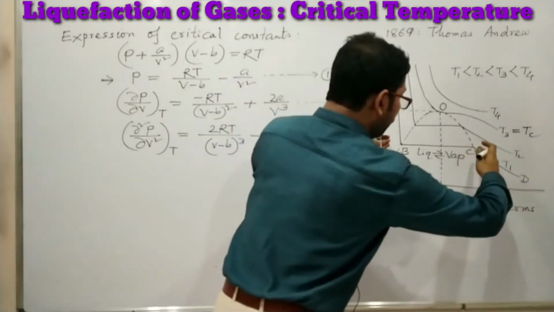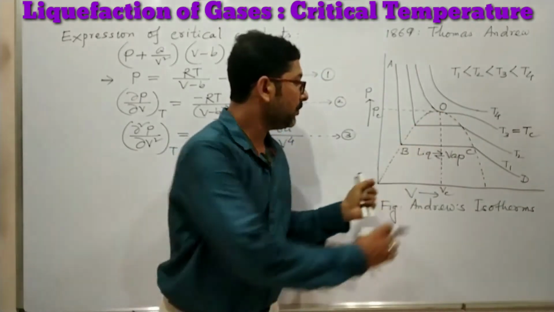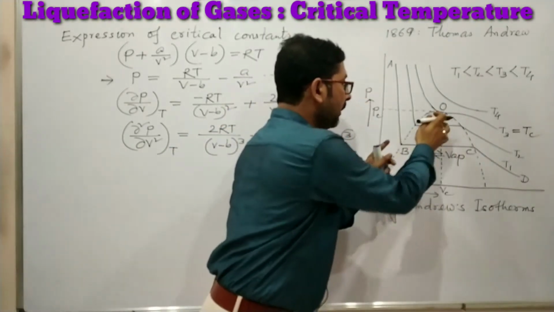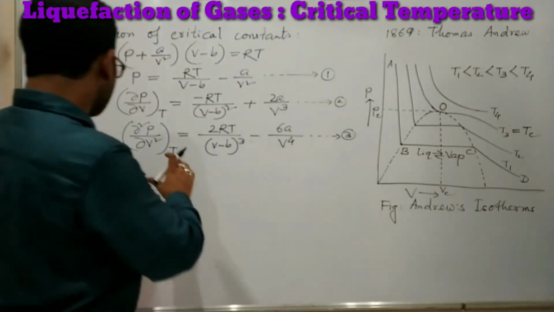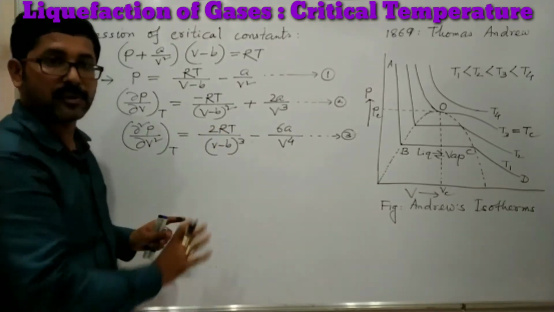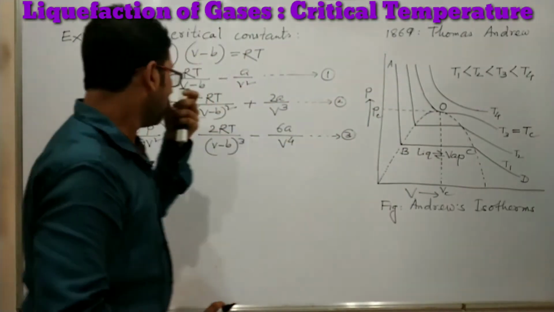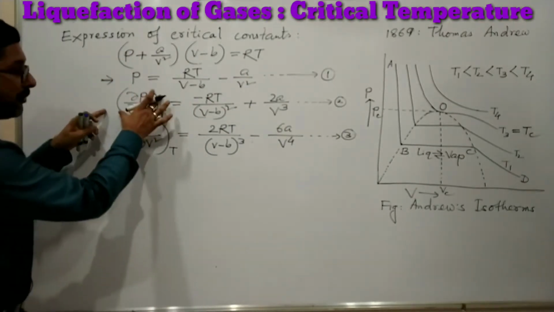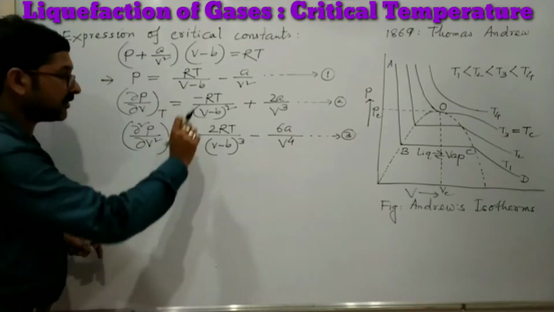And when these two phases coalesce at the point O, this maxima and this minima become equal. So del square P del V square at constant T is also 0 because maxima and minima points coincide. This is also 0 when the temperature is T equal to Tc.